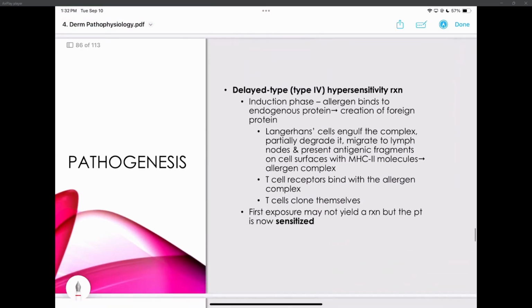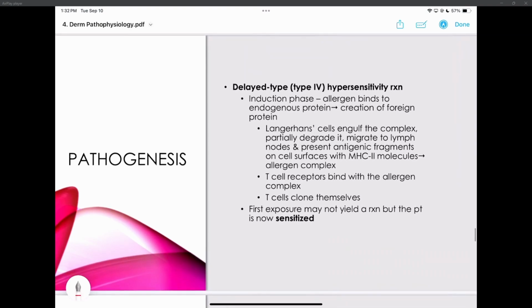Again, it's your delayed type 4 hypersensitivity reaction that a lot of these allergic contact dermatitises are going to be. We have an induction phase where the allergen binds to a protein, creating a foreign protein. Here are the Langerhans cells again. That's the immunity function of our skin.